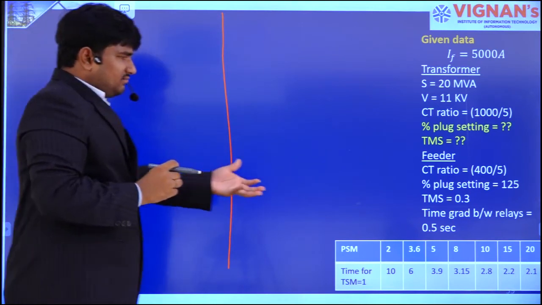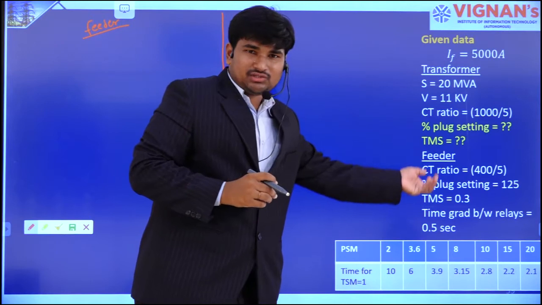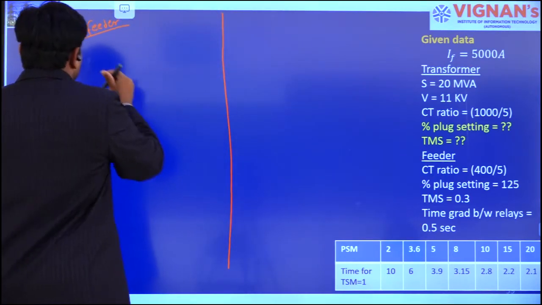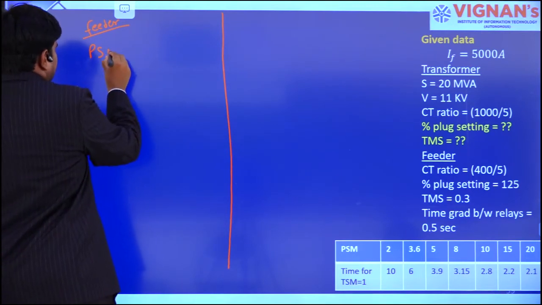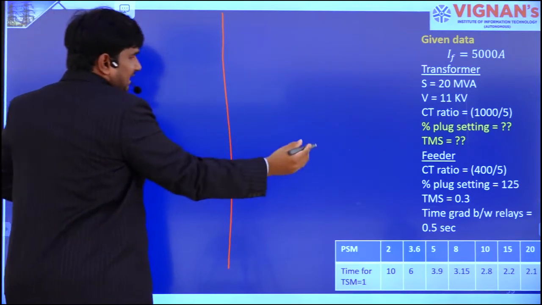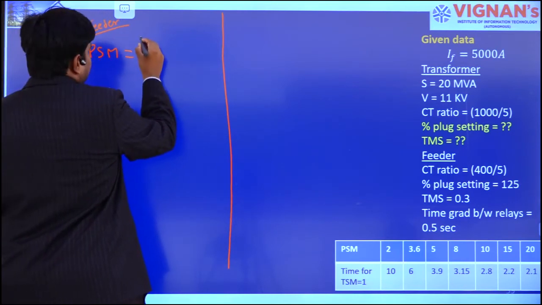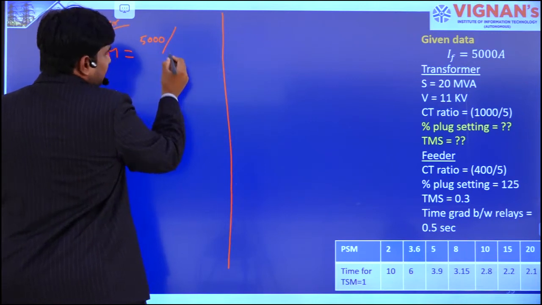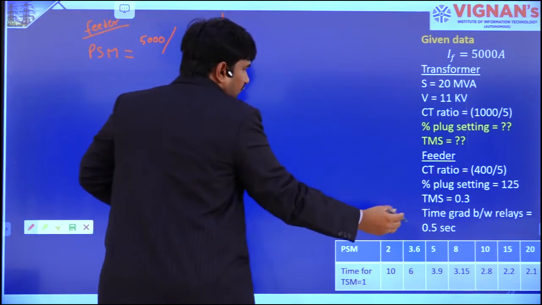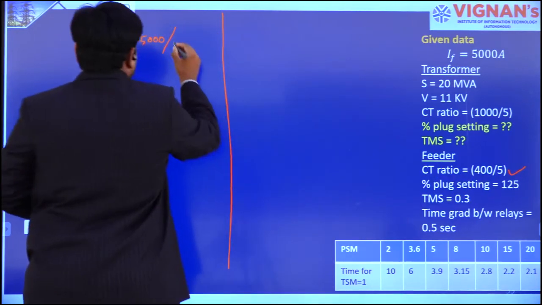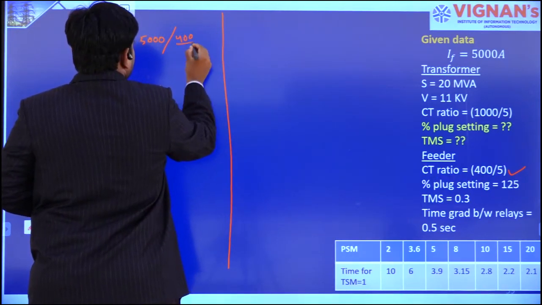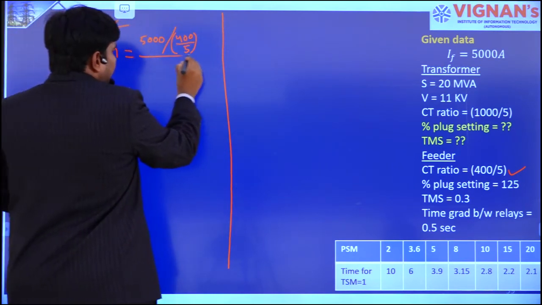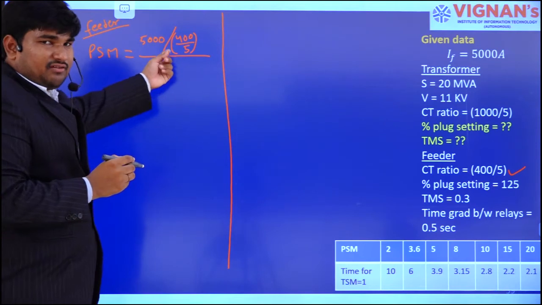So in case of feeder, we have these values. From these values, I have to calculate the operating time. First we calculate the plug setting multiplier, which is equal to the fault current divided by the CT ratio. That means fault current is 5000 divided by the CT ratio, that is 400 by 5. So I will get the fault current of relay in the numerator.